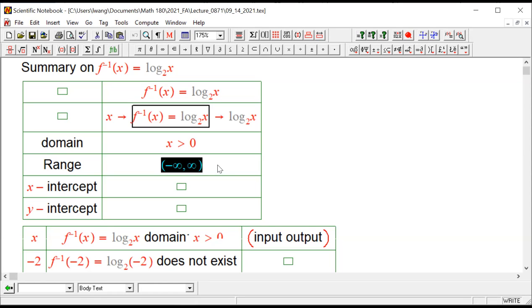Is that true? There are more real numbers than positive numbers. These questions sometimes can be even philosophical. As a matter of fact, there are an infinite number of real numbers. There are an infinite number of positive real numbers. You can't compare them. They cannot be compared.